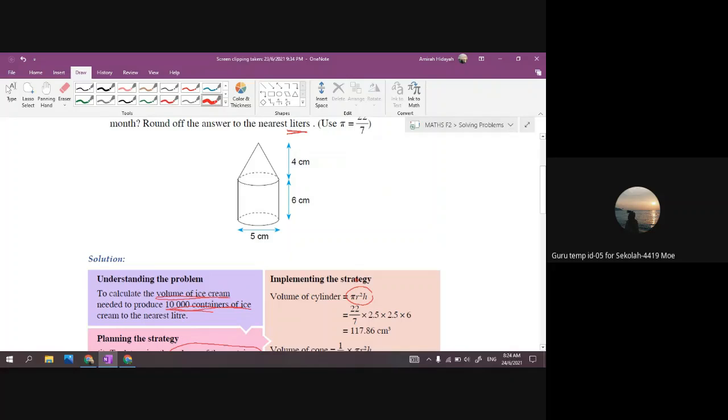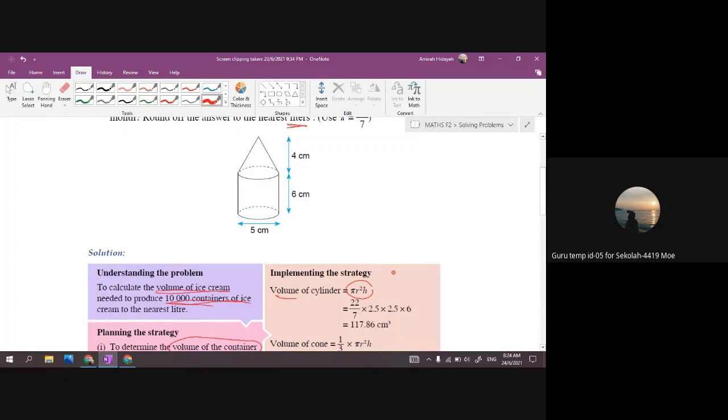No need to modify like surface area, because kalau surface area we need to consider surface area yang belah dalam kita tak ambil kira. So you need to modify the formula. But for volume boleh terus guna, sebab volume means the amount of space inside the object. So memang kita nak volume dalam dia. Just guna terus saja formula untuk volume tu, no need to modify.